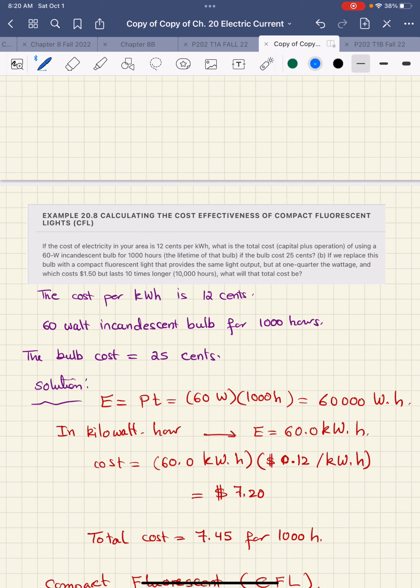And if it was replaced with a compact fluorescent light, we call these CFL, that provides the same light output but at 1/4 of the wattage, which of course is going to cost more, but lasts 10 times longer. Its life is going to be longer.